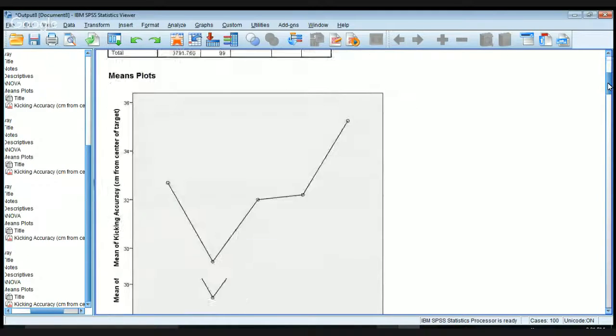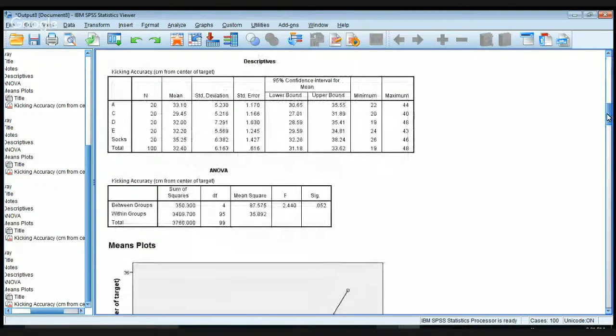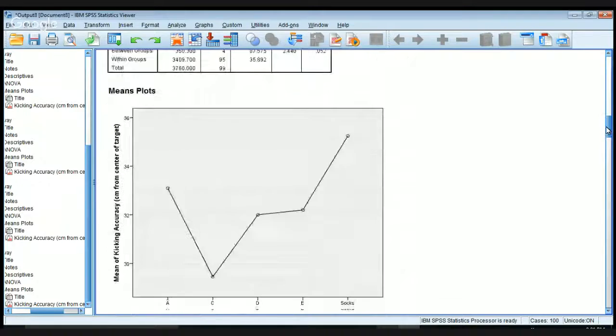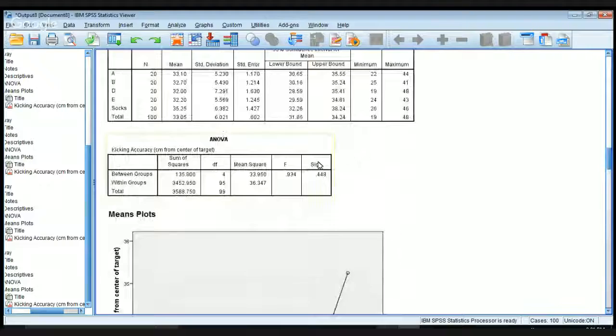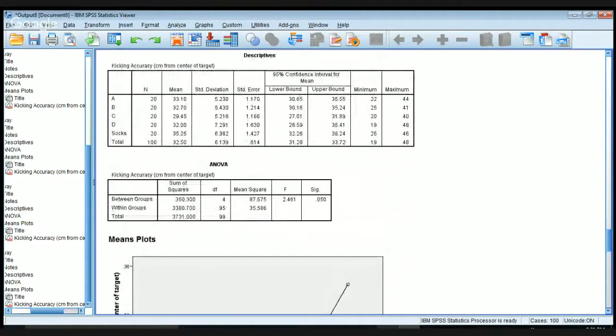This one is 0.052. This one is the highest one I saw, 0.448. This one is 0.031. And 0.050 right here.